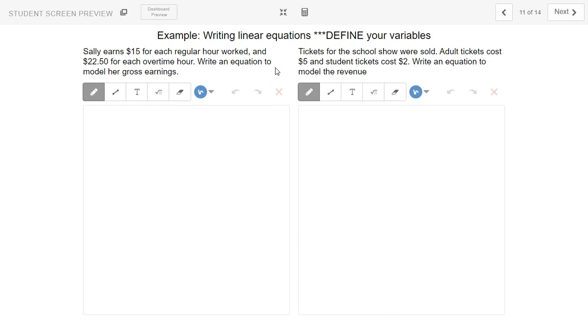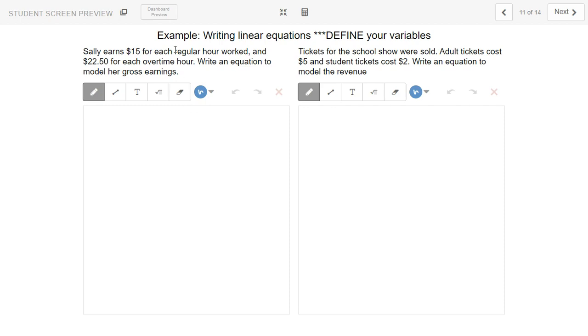Right, two more examples. We have Sally earns $15 for each regular hour worked and $22 for each overtime hour. Write an equation to model her gross earnings. Now, right now, we have two things that can vary.